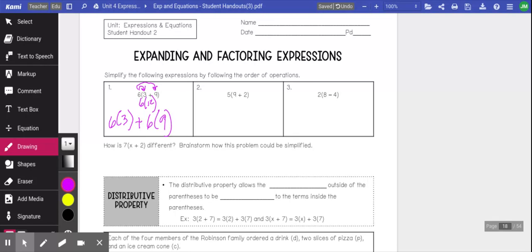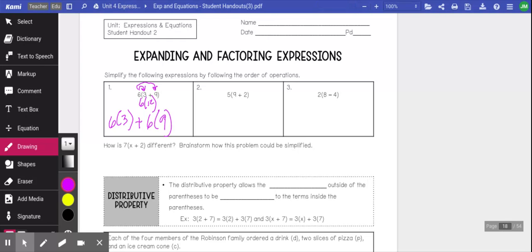And then once I got done with those two answers, I would add them together because in order of operations, we would do multiplication before we did addition. And again, this is still going to give us 18 plus 54, which adds up to 72. So just giving you another example, ways to make this problem easier, potentially using some more mental math.